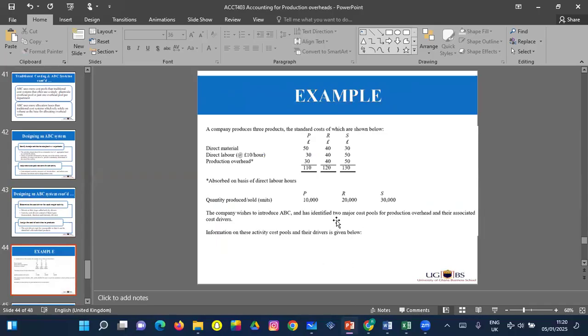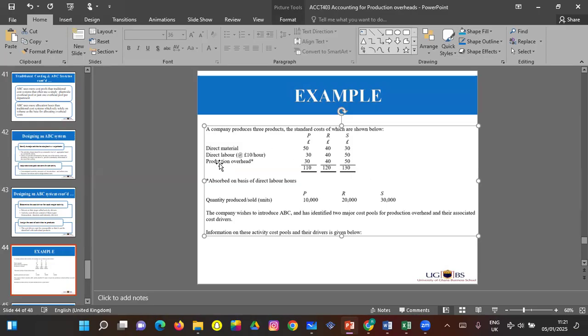Remember that ABC is not a replacement for the normal system, but rather a backup. So here is the traditional overhead. Using the traditional overhead, they had 110, 120, 130.